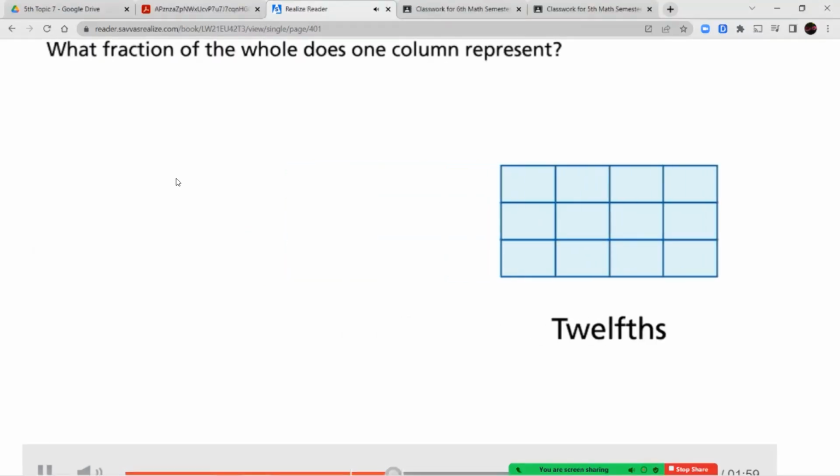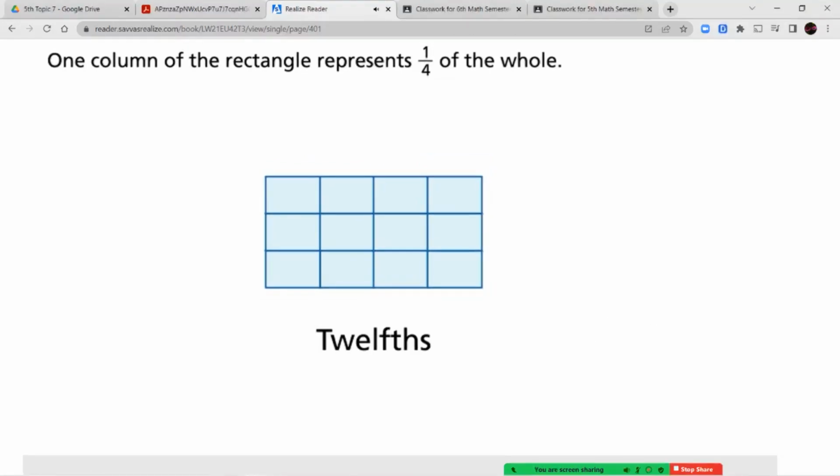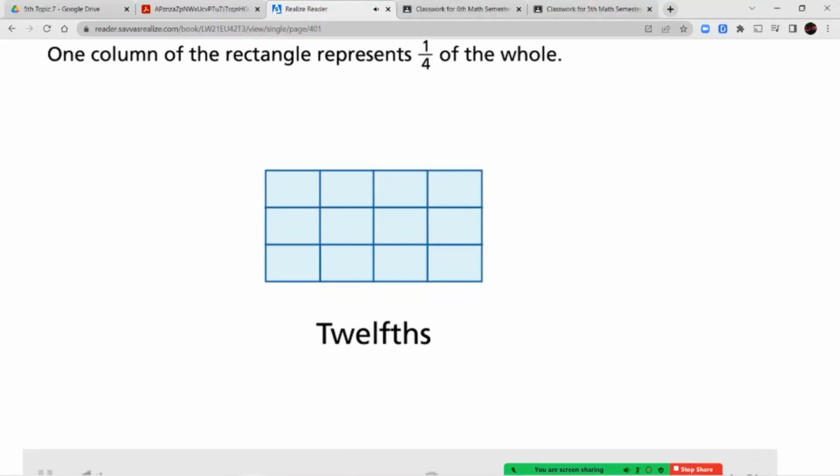What fraction of the whole does one column represent? Now here, if we're talking about columns, we're going up and down, right? There's how many columns standing over here? We have 1, 2, 3, 4. So one column represents 1/4 of the entire shape. One column of the rectangle represents 1/4 of the whole.